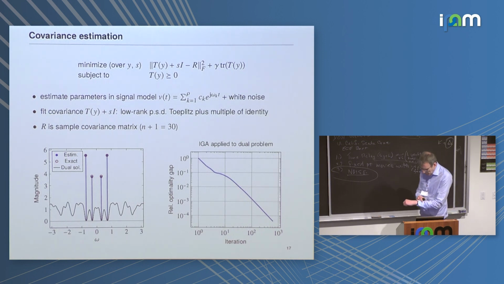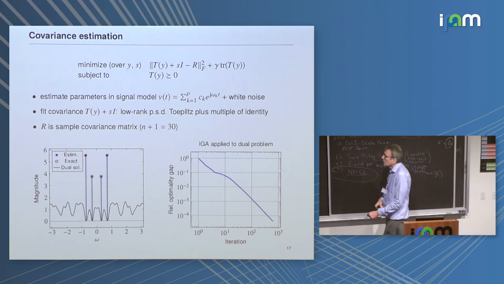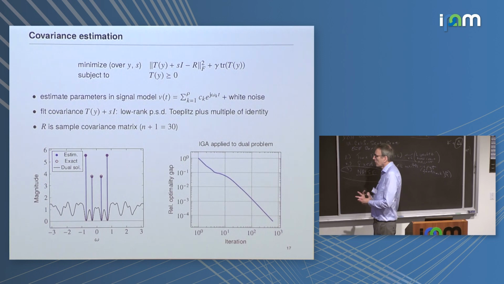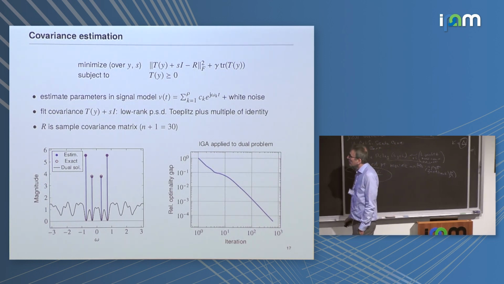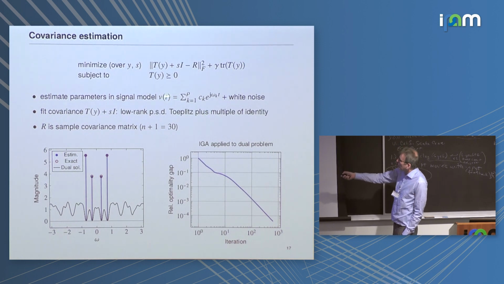So this is an example from this gridless compressed sensing literature. Here the purpose would be to fit parameters in a signal model like this to data. We have a sum of complex exponentials plus white noise. And almost everything here is unknown.